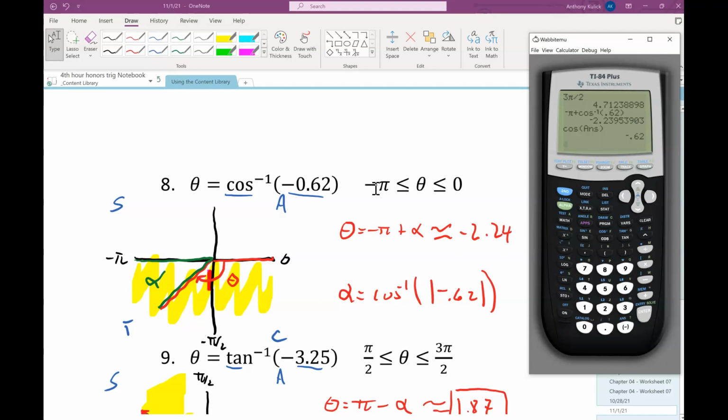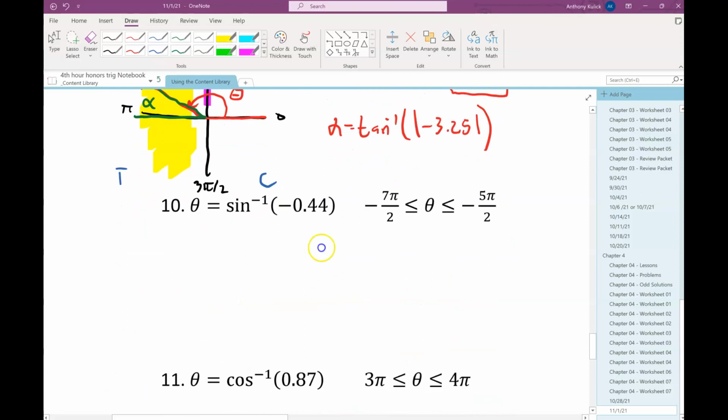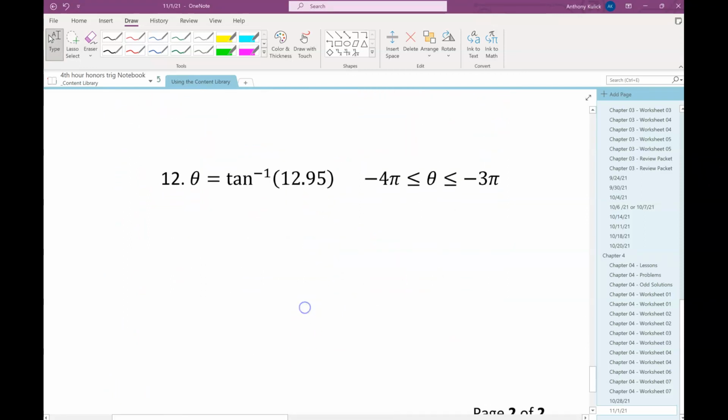Yep. Lily. Number 12. Okay. So again, we'll start by drawing our picture. Again, noting this is negative, so we're going clockwise. So 0, negative pi over 2, negative pi, negative 3 pi over 2, negative 2 pi, negative 5 pi over 2.